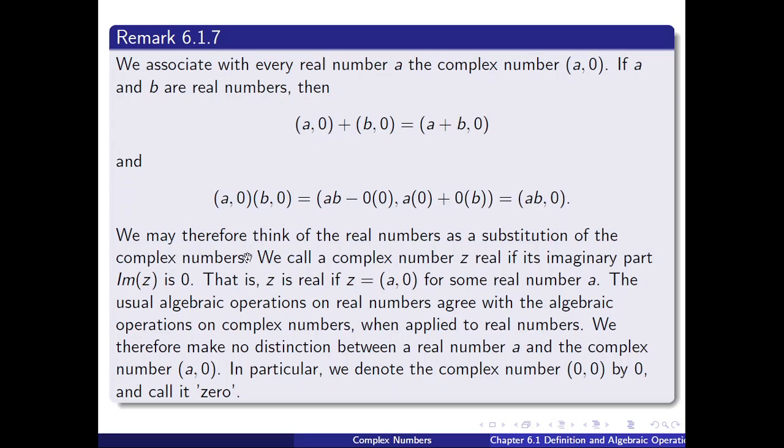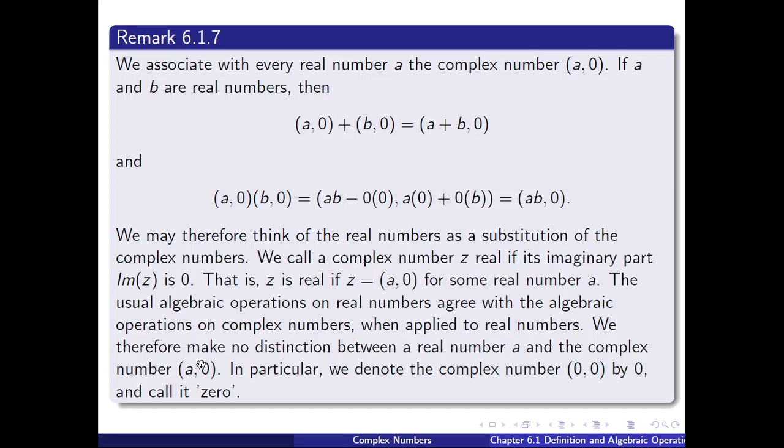So we may therefore think of the real numbers as a subset of the complex numbers. We call a complex number z real if its imaginary part is equal to 0. That is, z is real if z is equal to (a, 0) for some real number a. The usual algebraic operations on real numbers agree with the algebraic operations on complex numbers, like what we have just noted here, when applied to real numbers.